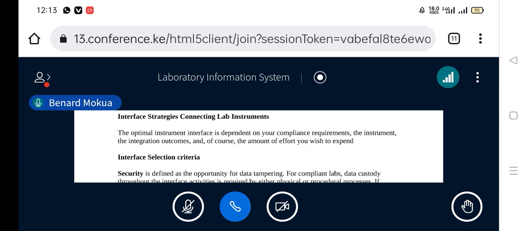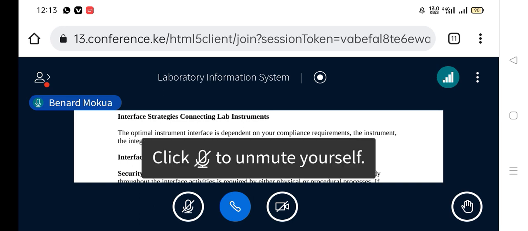And then number four, we talk about interfacing, and we say that equipment analyzers, made by manufacturers, are not able to talk directly to our laboratory information system. So we need something in between them, so they can be able to talk directly to our laboratory information system.